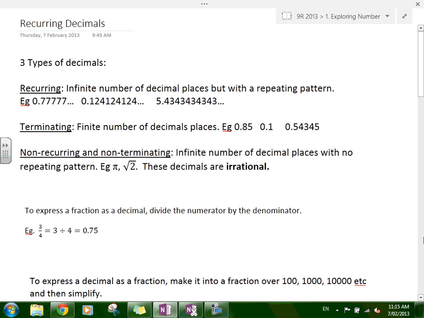I'm sure you're familiar with this, but to express a fraction as a decimal, you just divide the numerator by the denominator. Are you all aware how to do it on your calculator? You can turn a fraction into a decimal with the fraction button, and just shift or something.